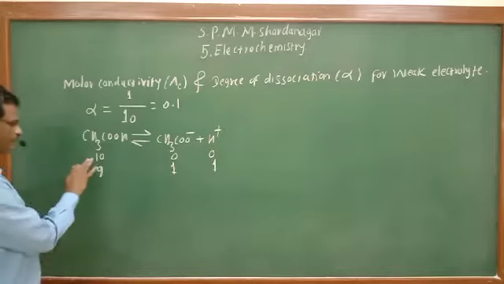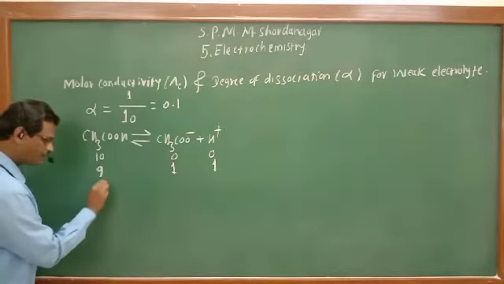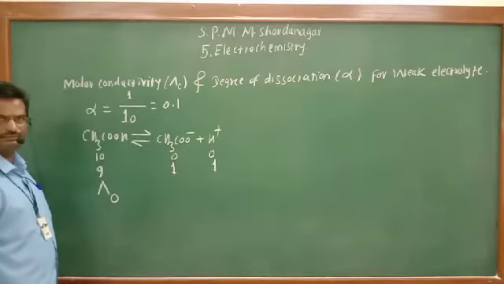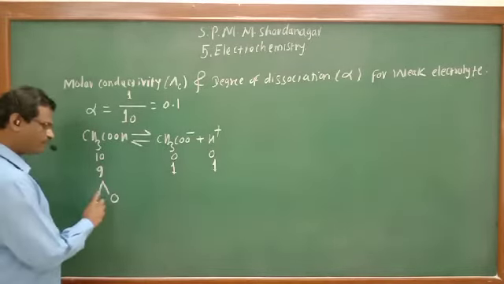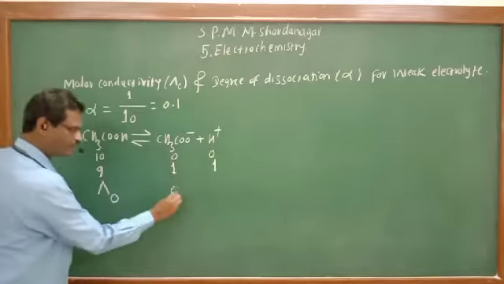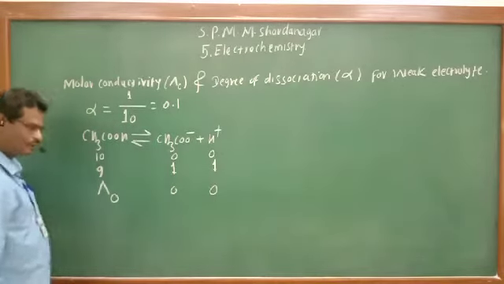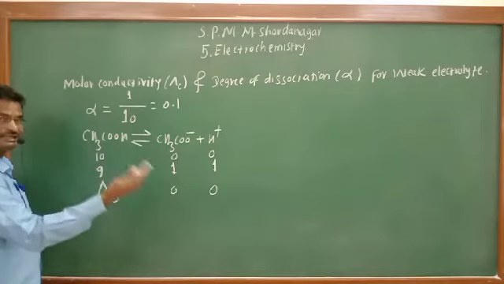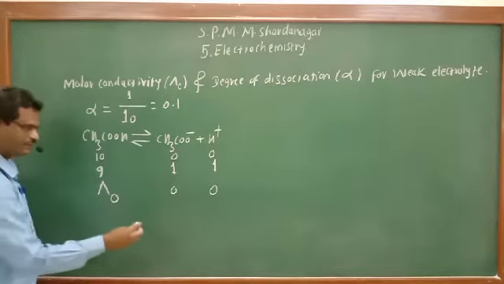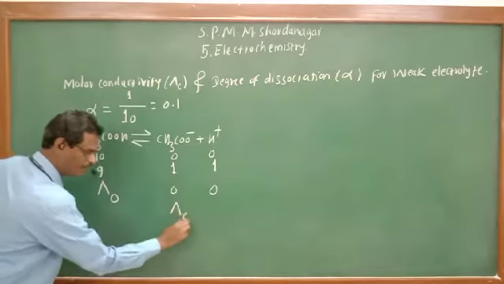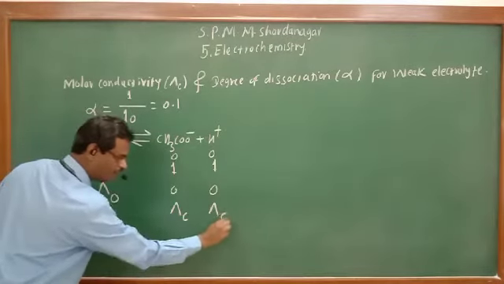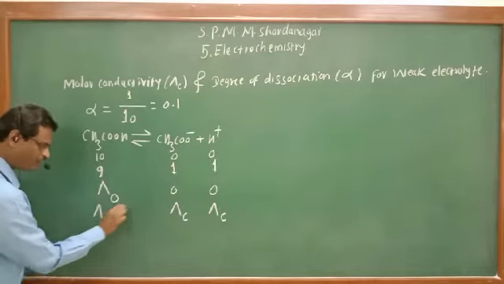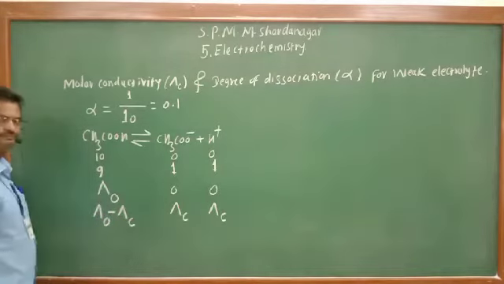Now instead of 10, let us consider lambda 0 moles are taken, and out of lambda 0 moles at start this is 0, this is also 0. Out of lambda 0 moles, if lambda c will undergo dissociation, so this will be lambda c, this is also lambda c. What is the part remaining behind over here? Lambda 0 minus lambda c.